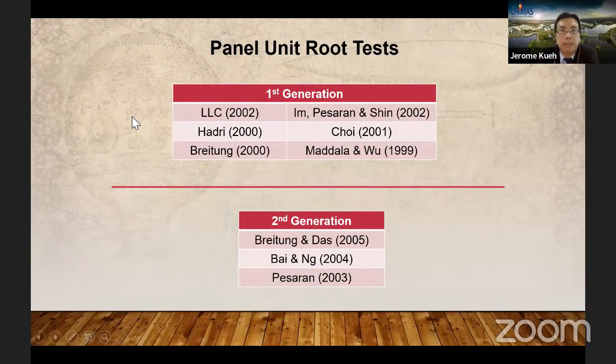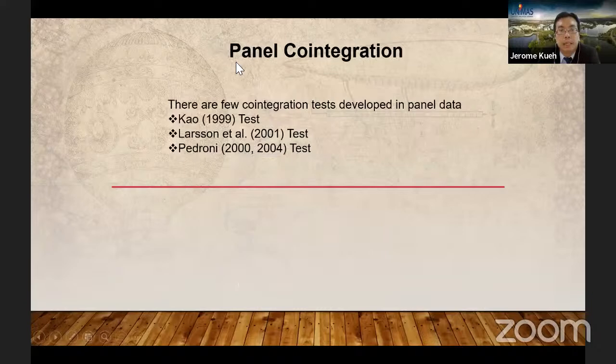Okay? So the other part is macro panels or the long panels. It's just like the normal way that we do the time series. So we have the panel unit root testing. There are first generation and second generation tests, so we can choose and apply those panel unit root tests here. And then as usual, after you test the stationarity, you can proceed with the cointegration.